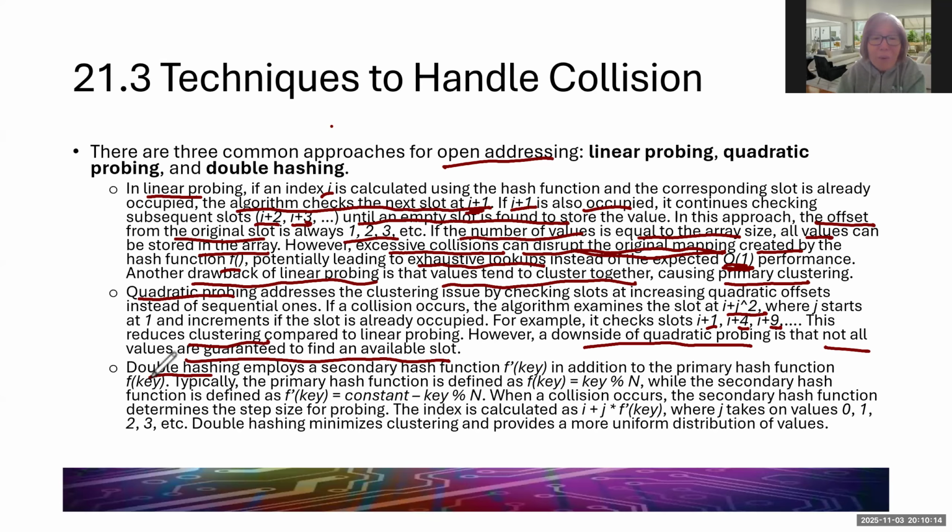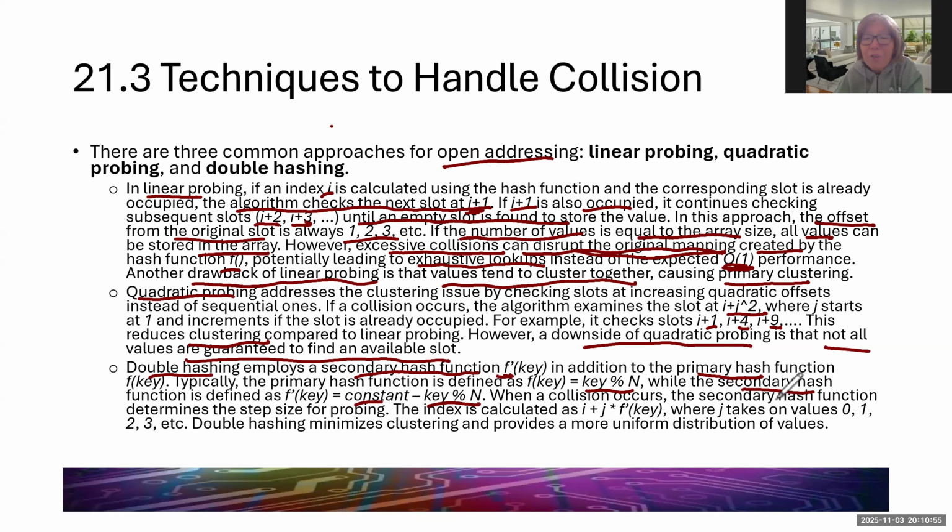There is another approach called double hashing. Double hashing uses a secondary hash function, which we call f prime, for the key, in addition to the primary hash function f of key. For the primary index, after we do the hashing, we do the modulo. For the second hash function, it uses a constant minus the key, then the modulo.